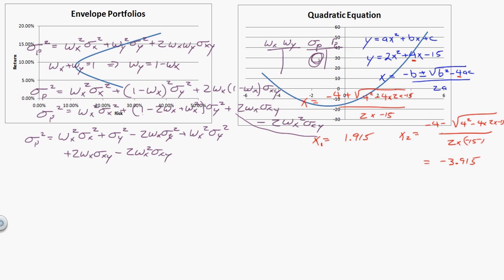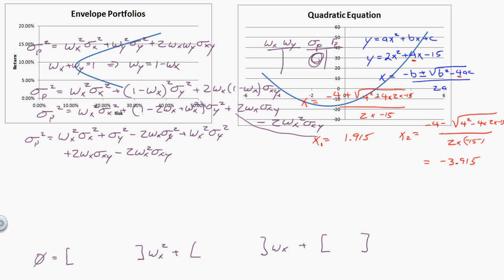So here, sigma p squared is equal to, I need all the terms that multiply by wx squared plus all the terms that multiply by wx plus all the other terms. And actually I'm going to have this set equal to 0, and I'll have to drag that across.